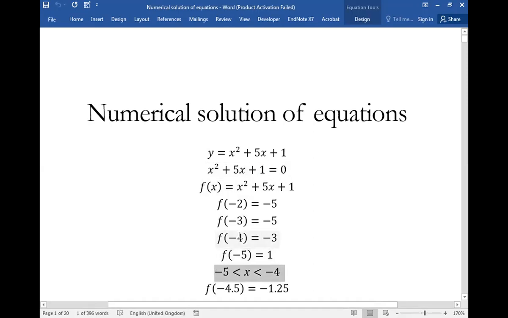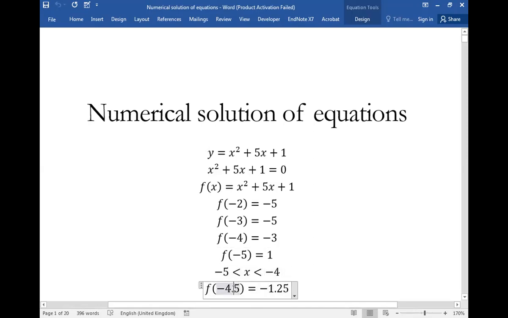How do we know that? Because when we plug in the value of -4, we get the entire thing as -3. And when we plug in -5, we get the entire thing as +1. So that means a value between -4 and -5 is what will make this entire value 0. That is all we can predict from these trials. Okay.